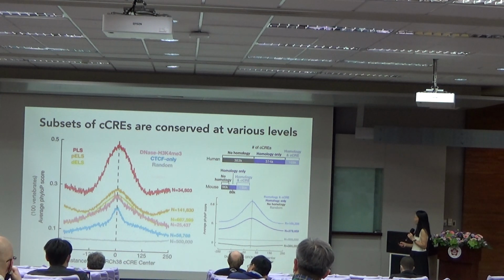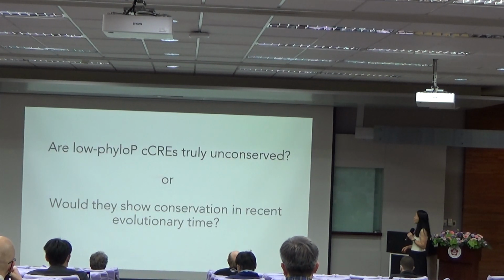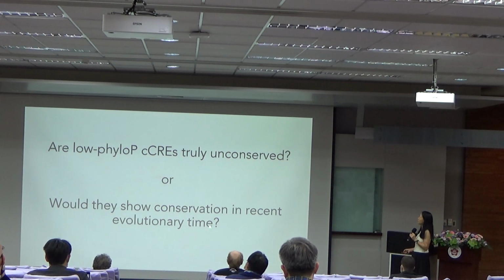After the paper was published, we kept pondering over this. So are these cCREs that showed low phyloP scores truly not conserved? Or would they show conservation in more recent evolutionary time? Vertebrate is a very long evolutionary distance. So we were wondering what we could do.